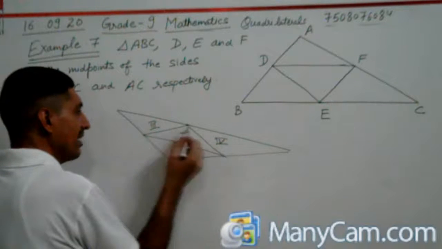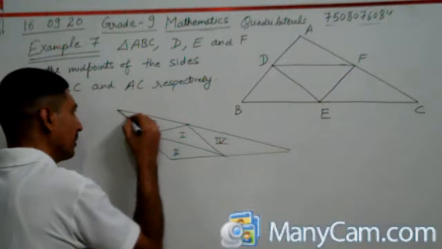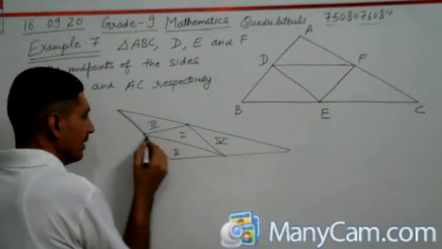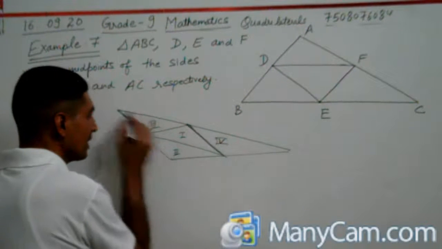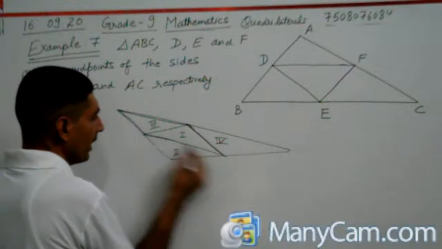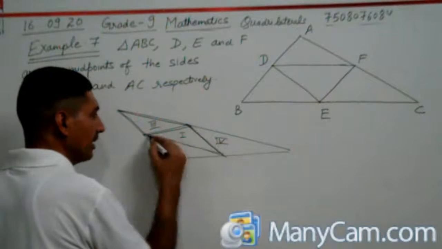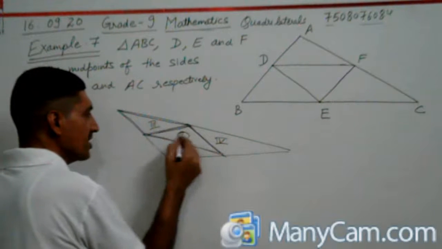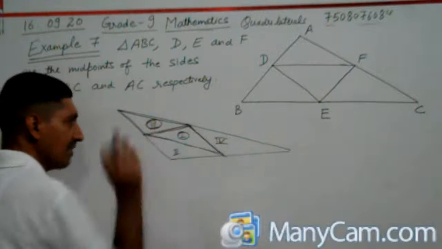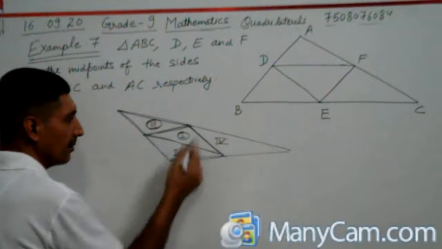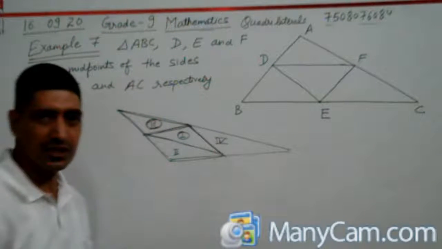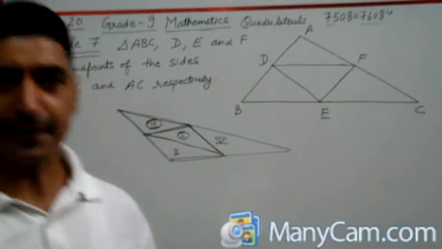We will always have parallelograms. This side is always parallel to this side, as the midpoint theorem says, and the diagonal of a parallelogram divides it into two congruent triangles. Same here, this is also a parallelogram. This is the main logic we will apply here.